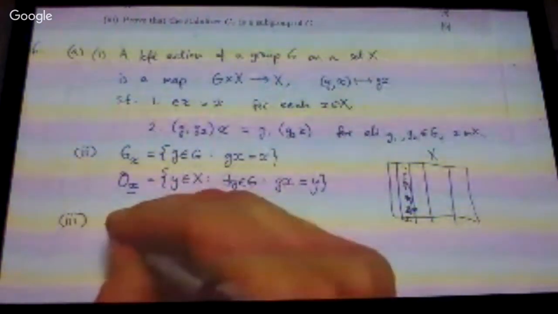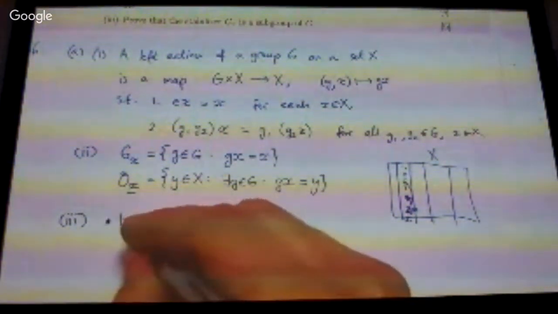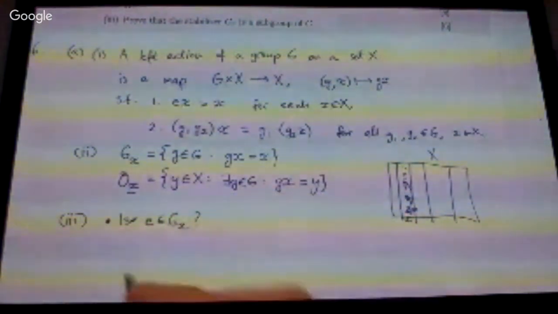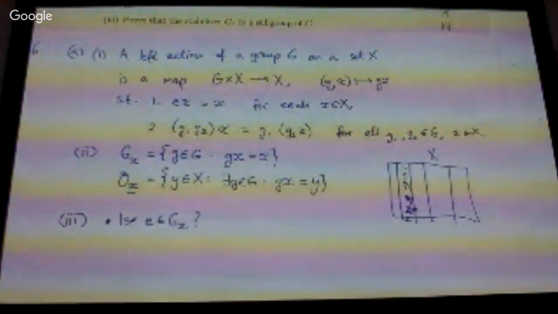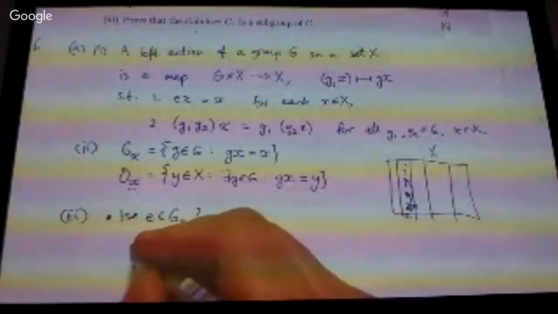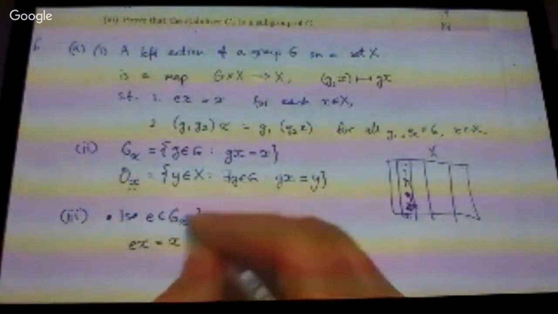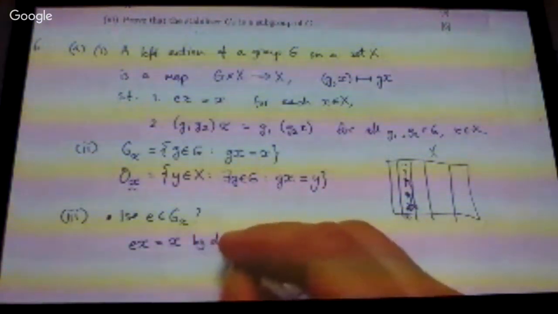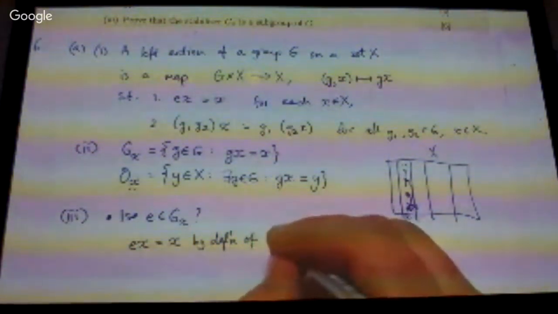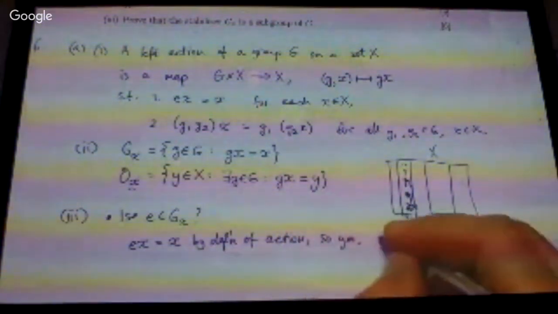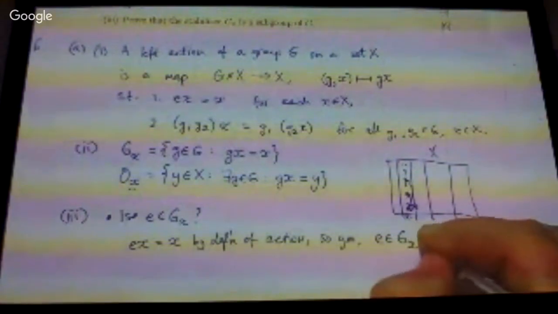First of all, is E in GX? Well, the test of being in GX is this: EX equals X by definition of an action. So yes, the identity is in GX.